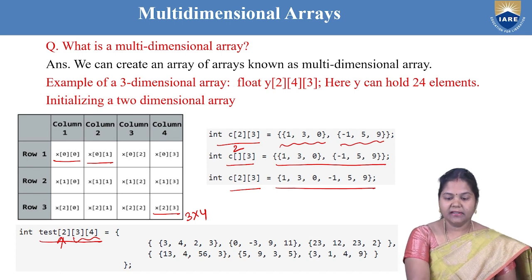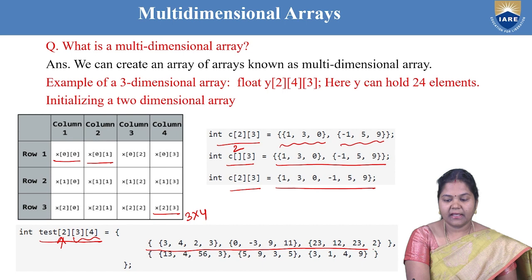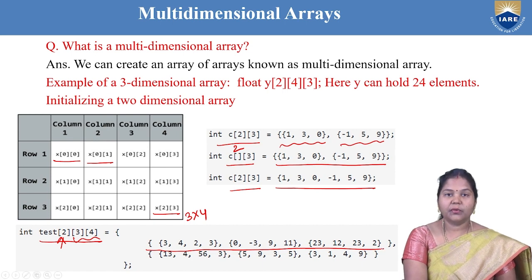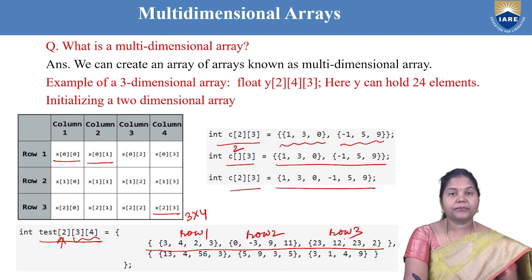For initializing, you can see over here that it uses the concept of nested arrays, where the first block is 3 by 4, with 12 elements and 3 rows. This is for row 1, this is for row 2, and this is for row 3. 3 rows are there, and each one has 4 column values.